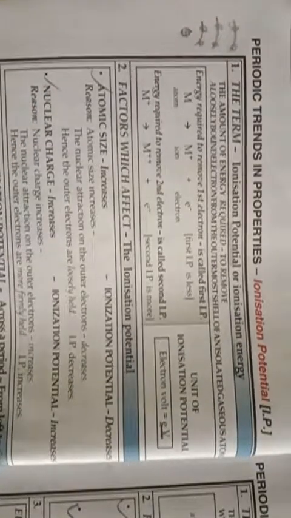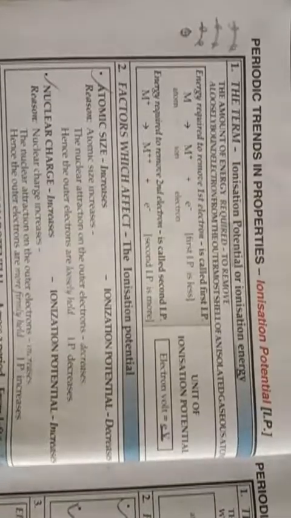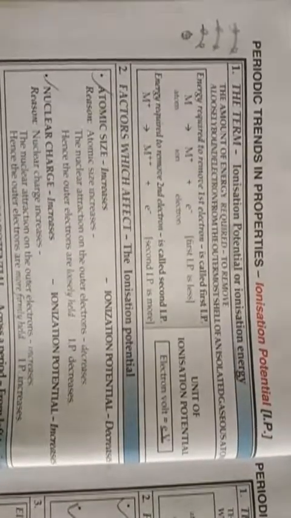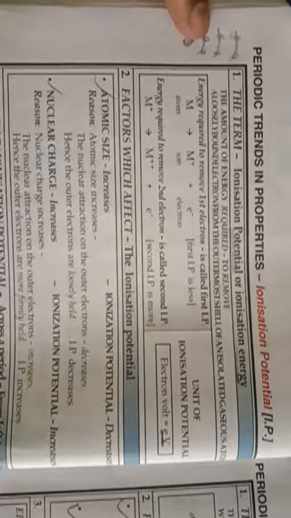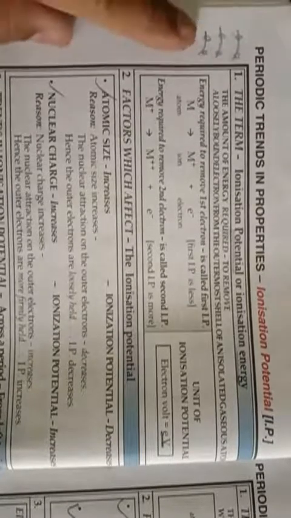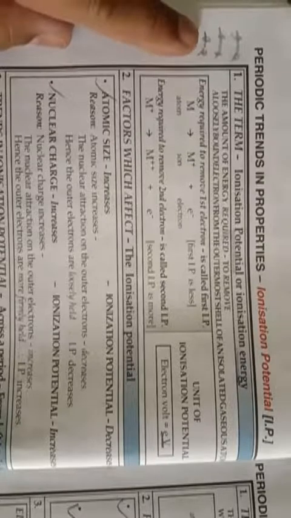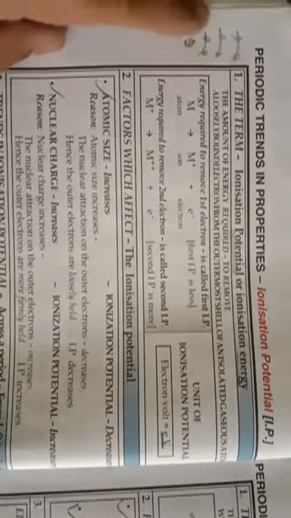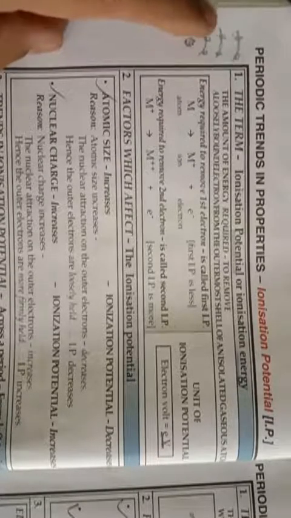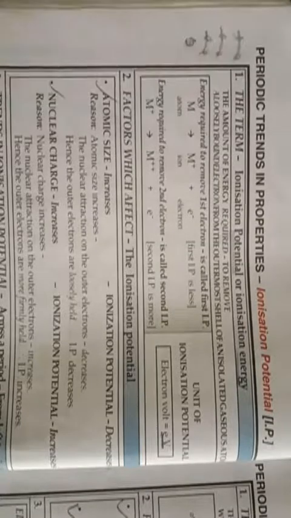Each electron is related with a specific amount of energy, and that is why each electron requires a specific amount of energy for its removal from the atom.